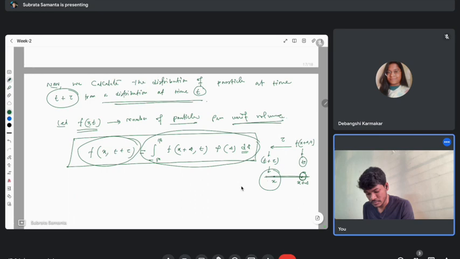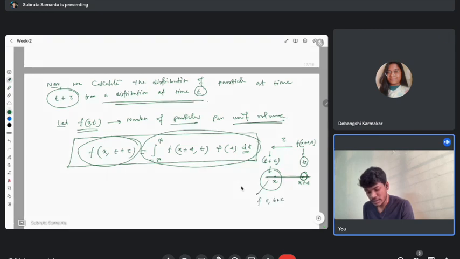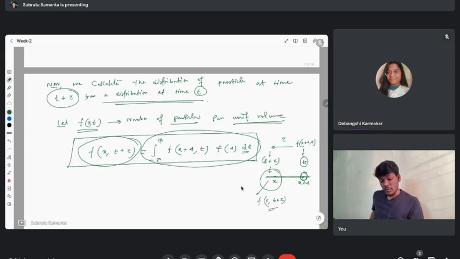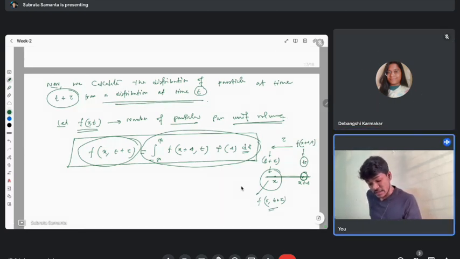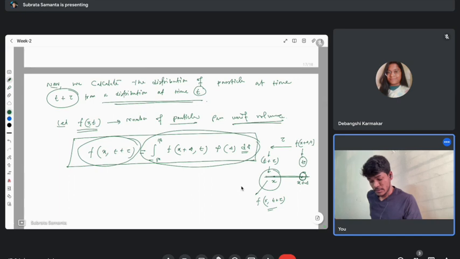So if we know it at x plus delta at time t, we evolve it after time tau.